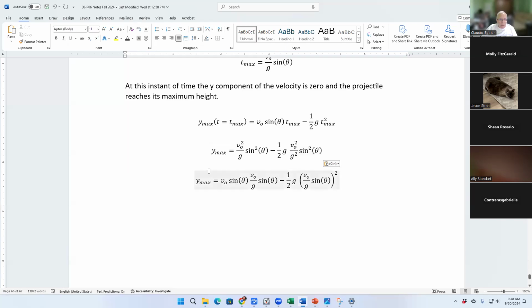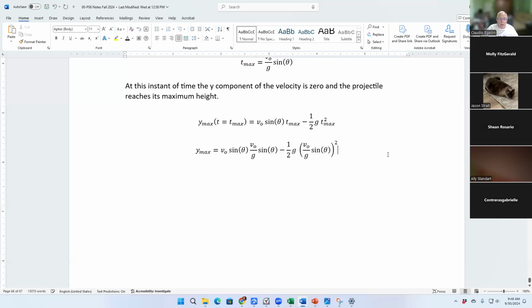What am I doing? Yeah, okay, I've got to put this guy downstairs. Yeah, that's correct, right? That's the more correct way. I combine V naught with V naught, I combine sine with sine. I square V naught, G, and sine of theta. Okay, everything is squared here.